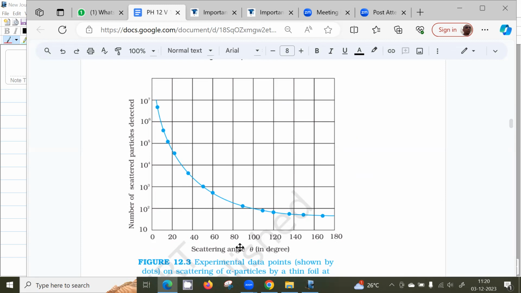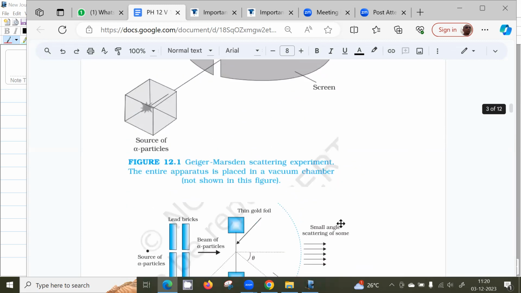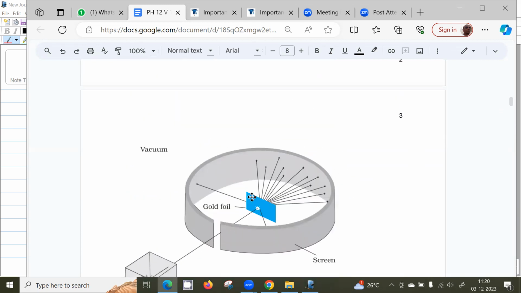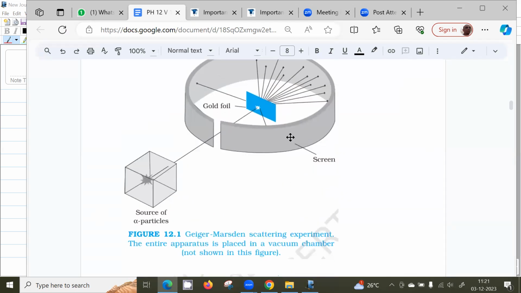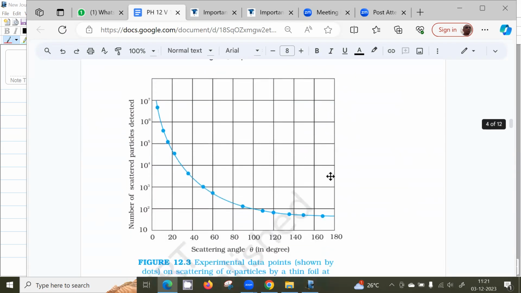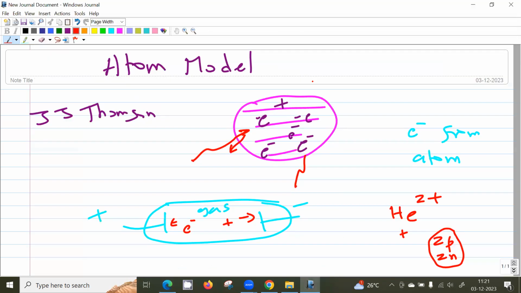This angle is from 0 to 180 degrees. 0 degrees means it goes straight without any deflection, 180 means coming back, and 90 degrees means going to the side. You can see most of the alpha particles get little or no deflection, and only very few, around 1 in 10^7, get deflected by a large angle, 180 degrees. So this cannot be explained by this model of the atom.